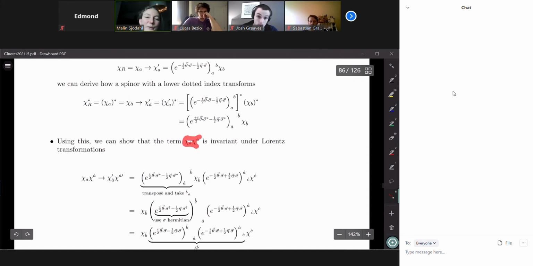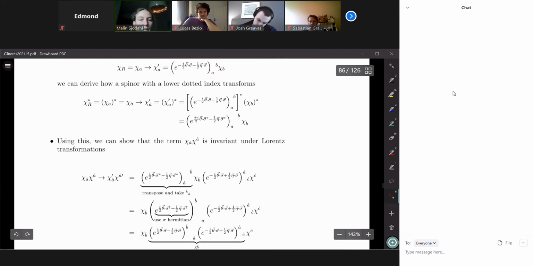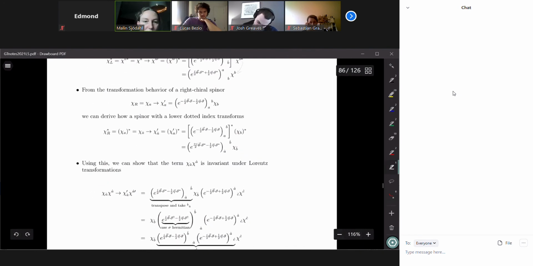We want to prove, and we will prove, that this guy is actually one of the Lorentz invariants. So let's consider how this thing Lorentz transforms. I transform both my fields, I give them prime. And I now collect pieces from up here. So I should have the transformation rule first of a lower dotted index. It is from here. The transformation of the upper dotted index, that was just the left chiral representation.